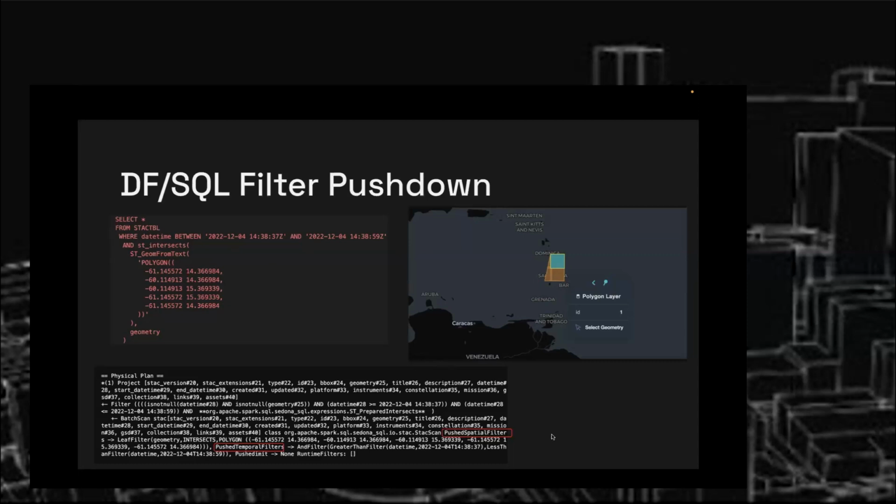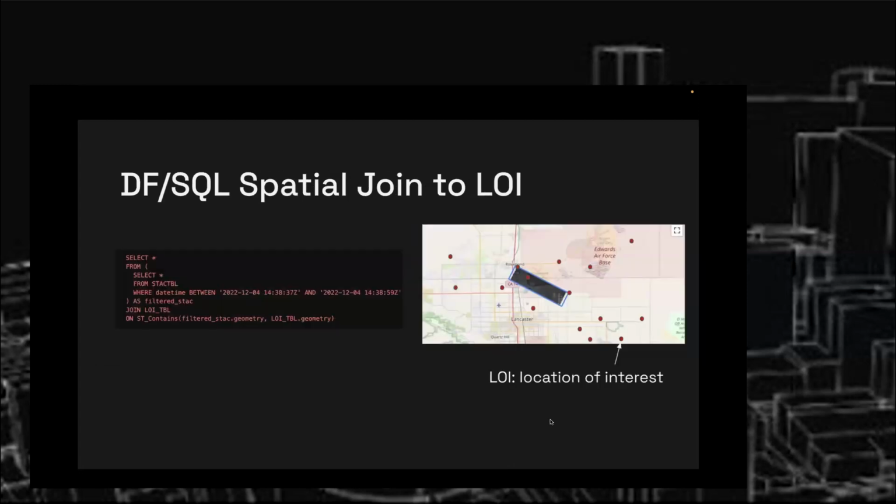This significantly improves the performance of the query, so you don't have to iterate over the whole global range to find that image, or the whole time range, right? So this is one of the optimizations.